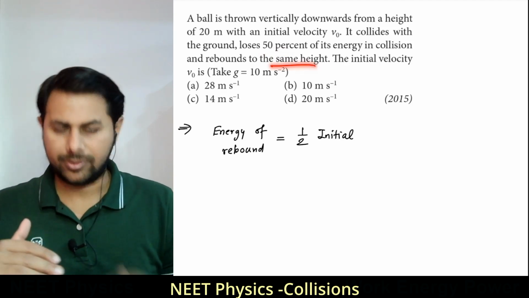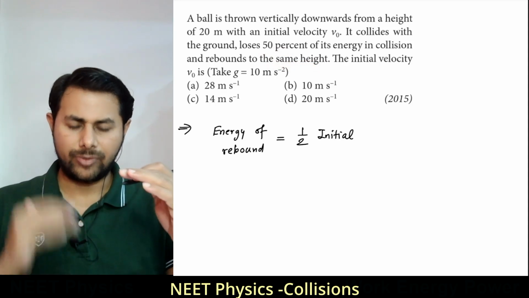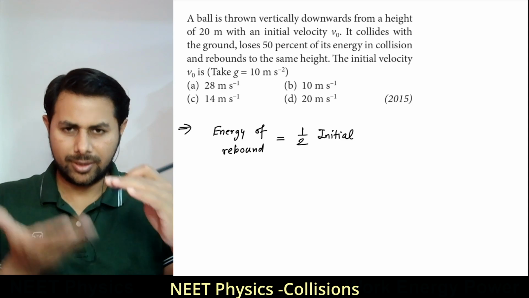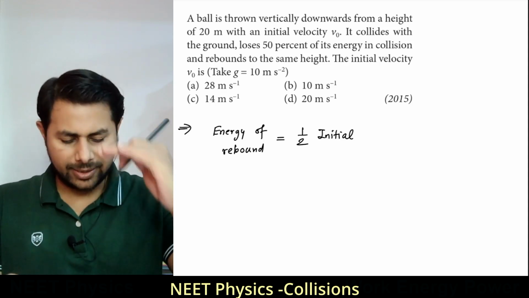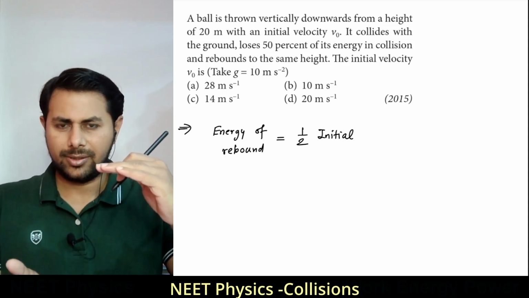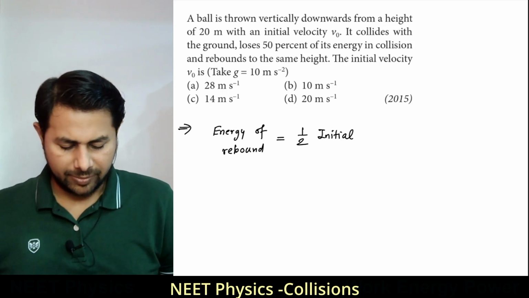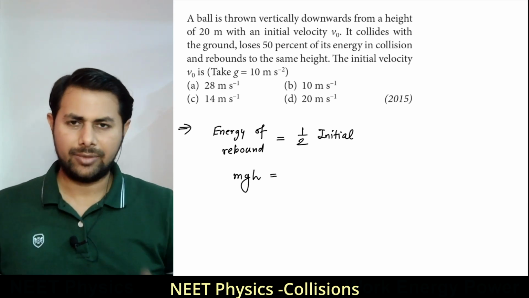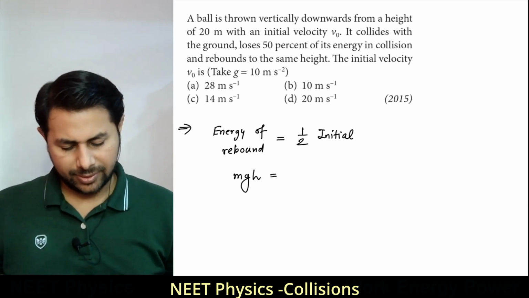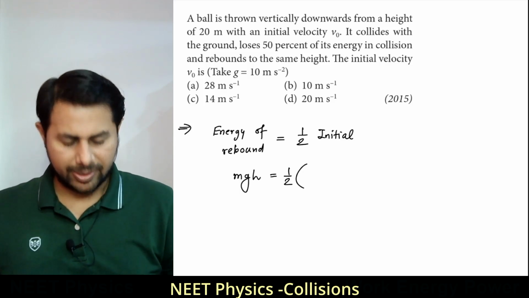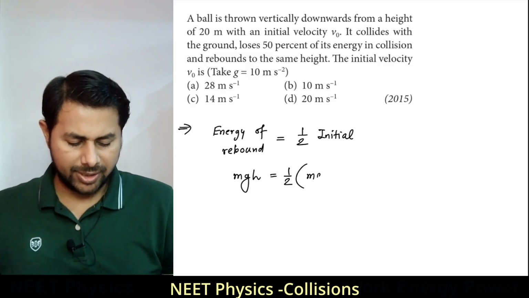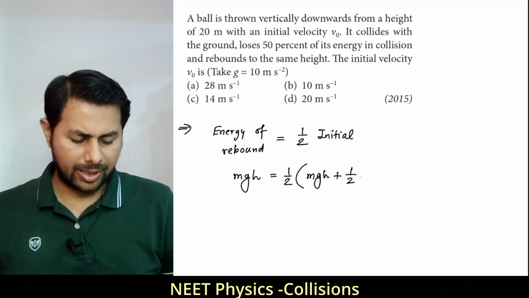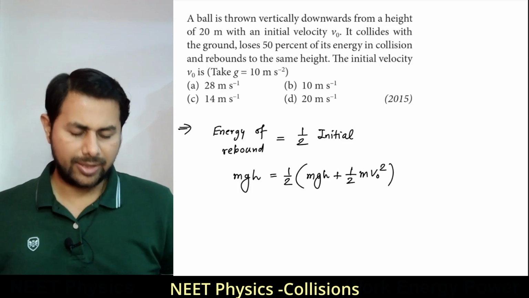This is given. So now whatever is the kinetic energy of rebounding, it's equal to the potential energy at that height h, right? So you can say that it's equal to just mgh. Okay, and it was dropped from the same height. So its potential energy was mgh and its kinetic energy was half m v0 square.